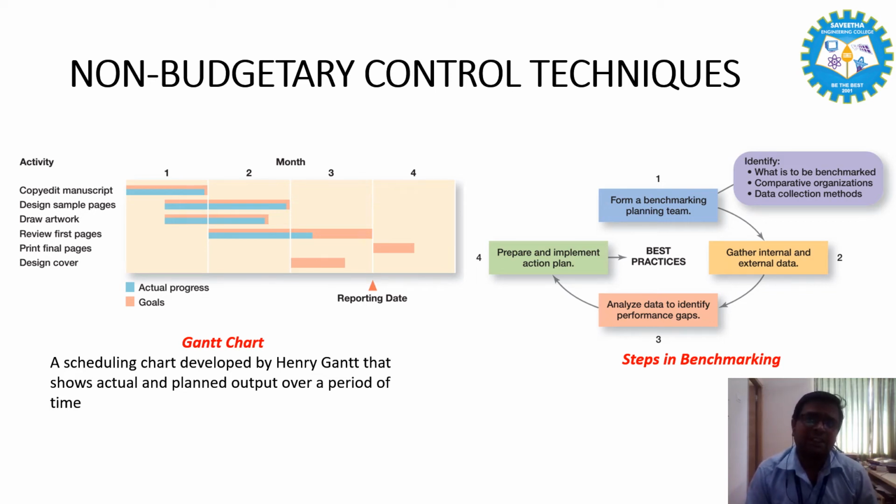That is, it clearly presents the status of the project completion time along with the ideal period. The chart provided in the figure shows the detail about the activities involved in making a report using a computer. They are copy edited manuscript, design sample pages, draw art network, review first pages, print final pages, design cover.